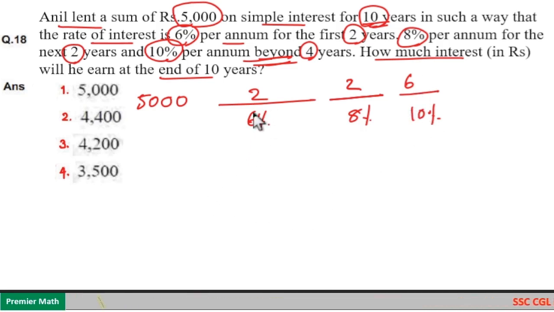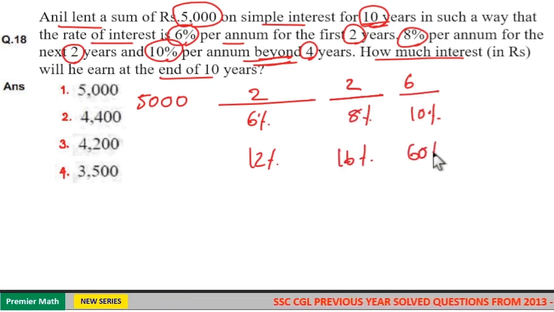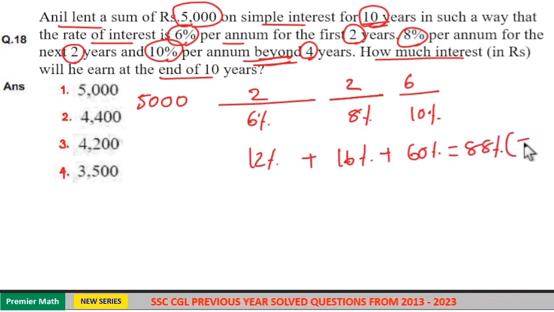So total interest: for 1 year at 6%, 2 years it is 2 into 6, 12%. Then 2 into 8, 16%. Here 6 into 10, 60%. So total interest is 60 plus 28, 88%. This is the total interest he received in 10 years from this 5,000 rupees.